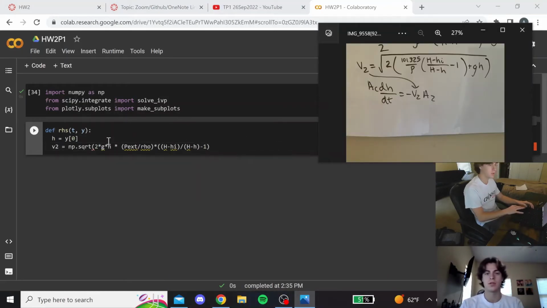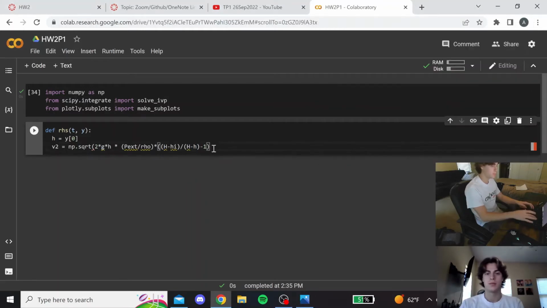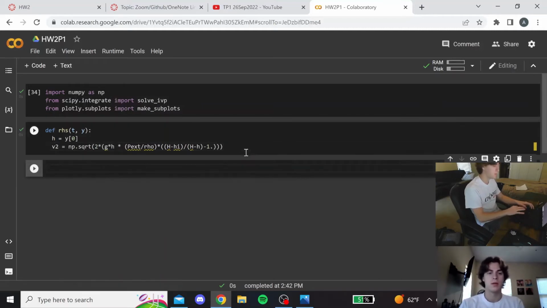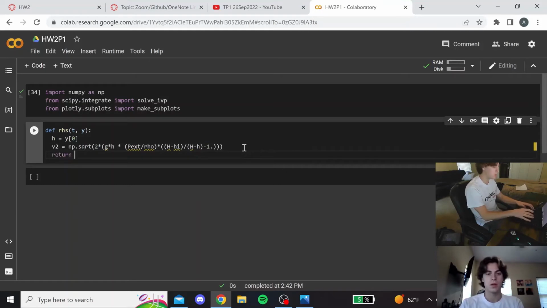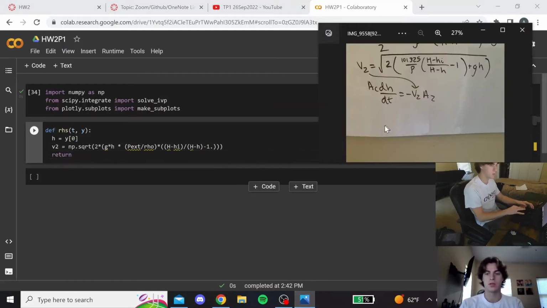Oh, we have 2GH over here. I'm going to make sure my parentheses all line up, and remember to distribute this too, so I'm going to add another set of parentheses here. Then what we want to return is the right-hand side of our equation, which is the cross-sectional area of the hole divided by the cross-sectional area of the tank times V2.